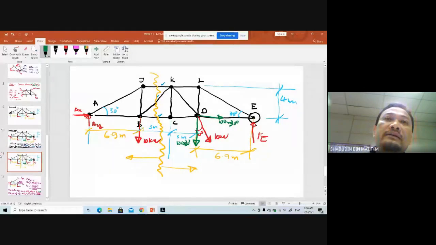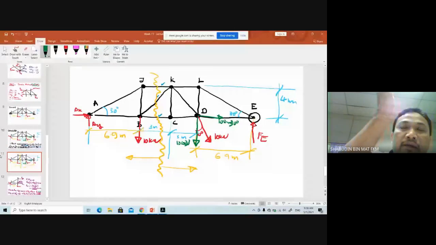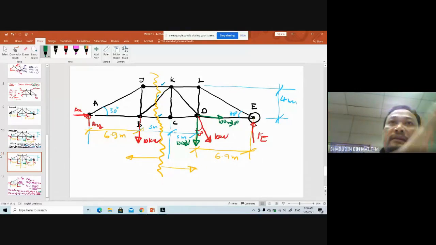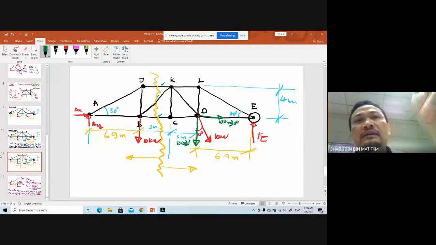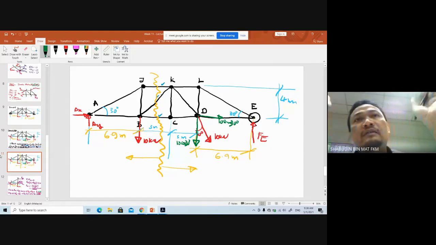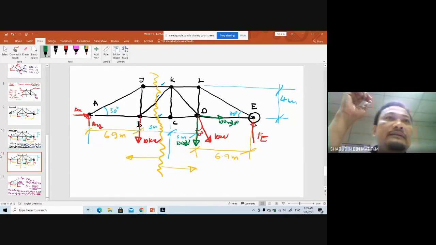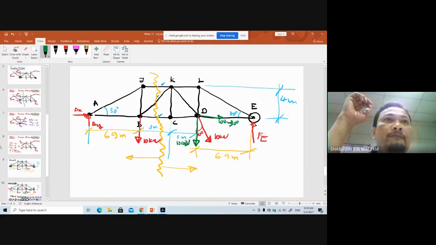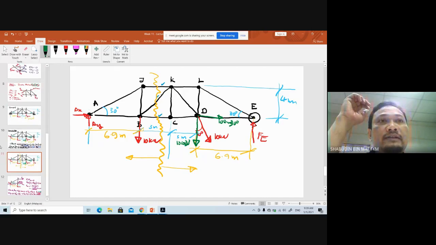If you have less forces in left-hand side, you do the analysis on left-hand side. If you have less forces in right-hand side, you do the analysis at right-hand side. If you want to do the analysis on the left-hand side, remove all the forces and the structures on the right-hand side. That's it. This is fun. I want you to get full mark for this.